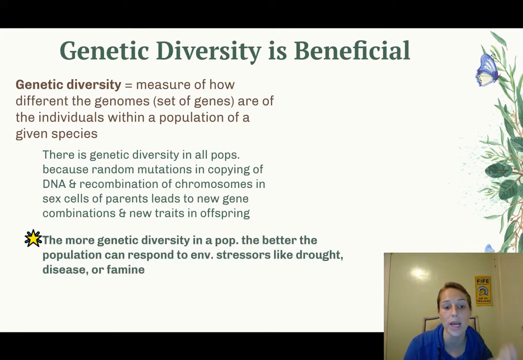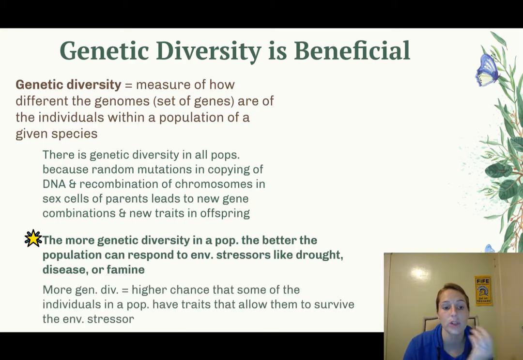So the more genetic diversity that you have in a population means the better this population can respond to an environmental stressor like a drought or a disease or a famine. So the more genetic diversity that you have, the higher the chance you have that some of the individuals in the population are going to have traits that allow them to survive the environmental stressor.